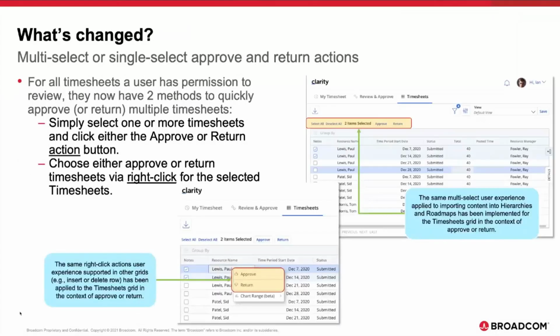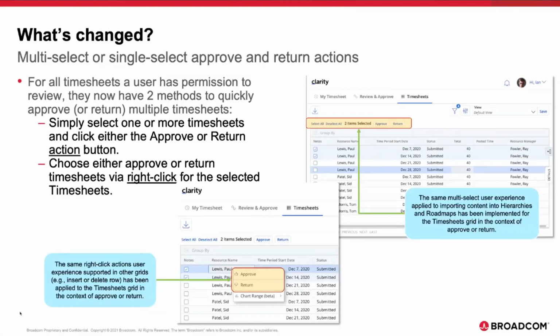So what's changed? The upper right image is just an example of showing multiple items selected and the total count appearing of how many you selected, and then, hey, you've got the actions to approve or return. You should be familiar with this look and feel. It's available in the hierarchy import area, the roadmap import area.